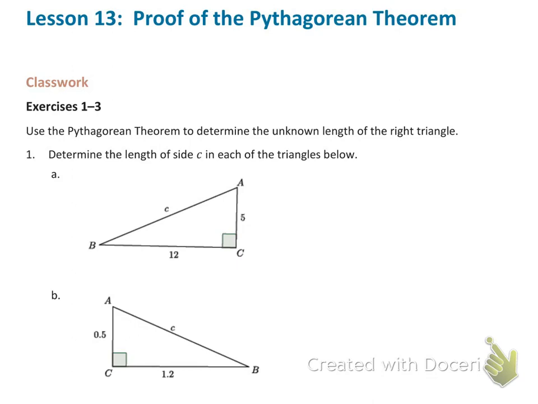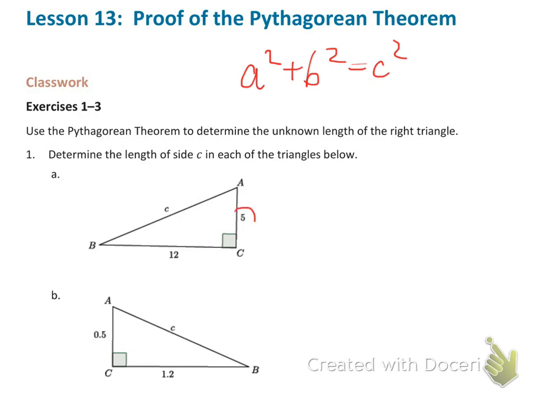We're going to start with these exercises, and we're just going to be using the Pythagorean theorem to find unknown lengths in a right triangle. In this first exercise, the length that is unknown is the hypotenuse. So we're going to use the relationship of a squared plus b squared is equal to c squared, and use that to solve for the missing length.